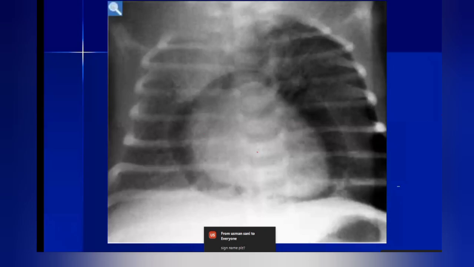So this is very important to recognize. If you see here, the thymus was not elevated and the air lucency is completely surrounding the heart. So that's a very differentiating sign from pneumomediastinum, and clearly delineated by what's called a continuous diaphragm sign. So thank you so much.